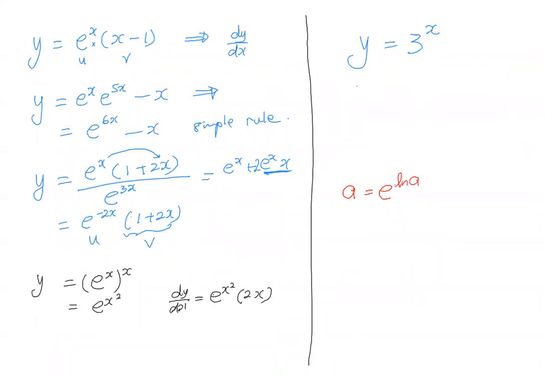We know that. e^(ln a) is a. So use this, because we know how to differentiate exponential base e, but other bases we don't know. So you try to change the base 3 to become base e. Then from there you work out. You try first, then see how it goes.